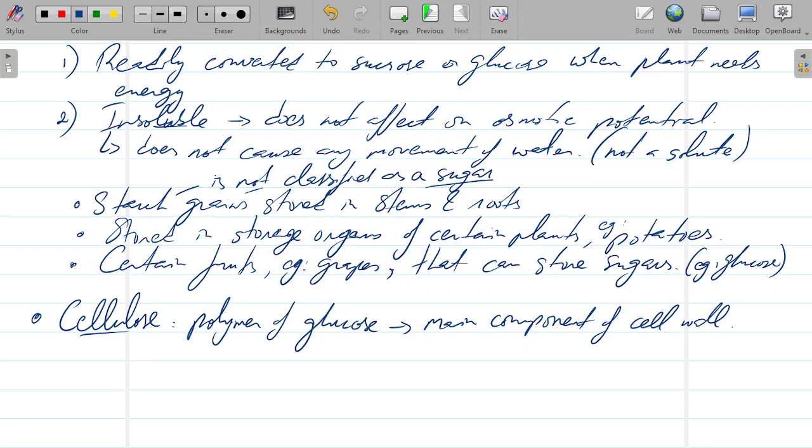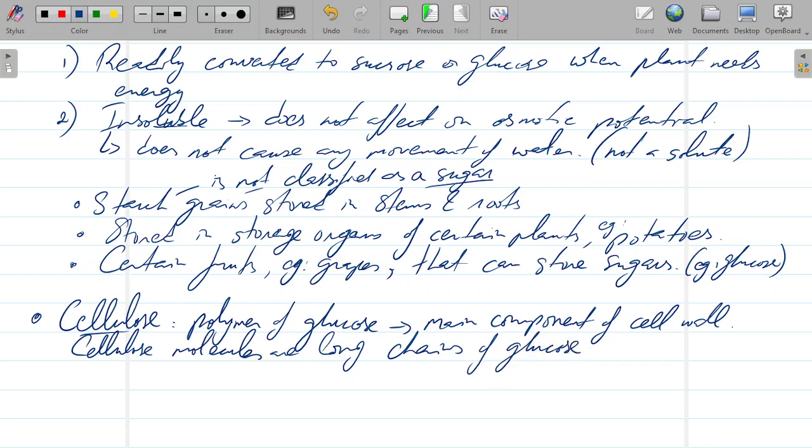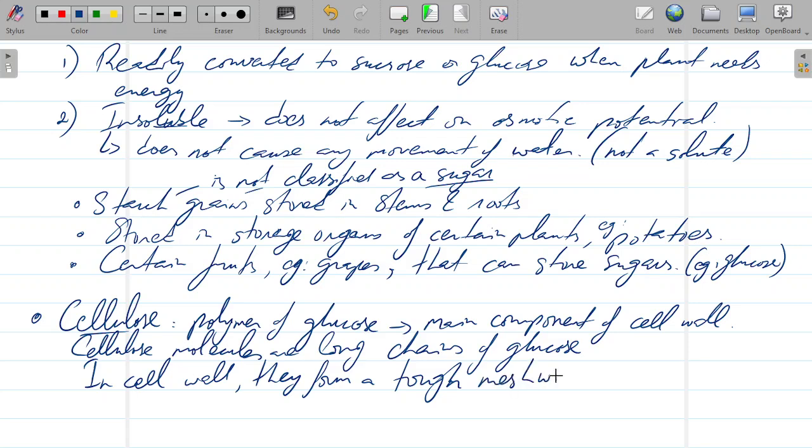So cellulose molecules are long chains of glucose, and in the cell wall they form a tough meshwork, like all everywhere in all possible angles.